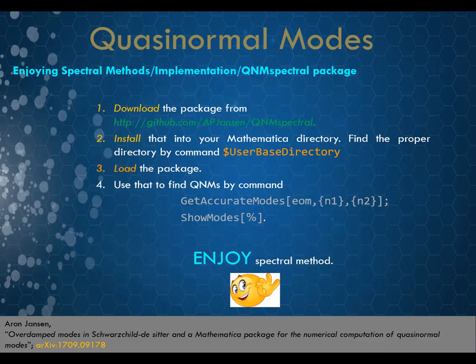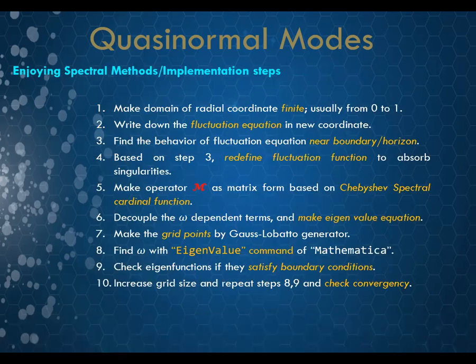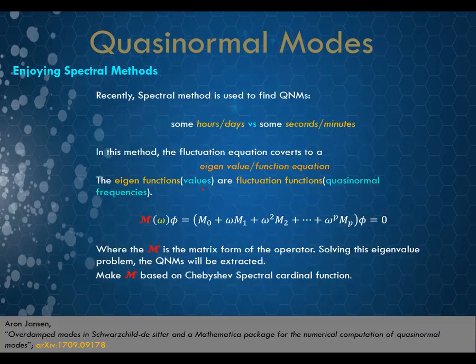Excuse me? Can I ask about step 6 of the previous slide? So you said that you decouple the omega dependent terms, but in the previous slide, you showed the equation which contains higher powers of omega. So what do you exactly mean by decoupling the omega? I mean making the fluctuation equation in this form.